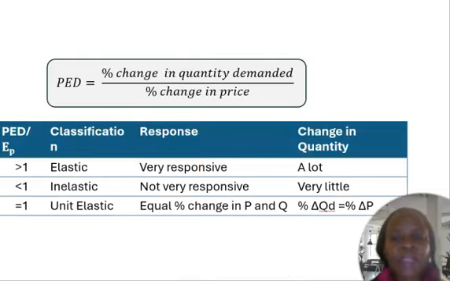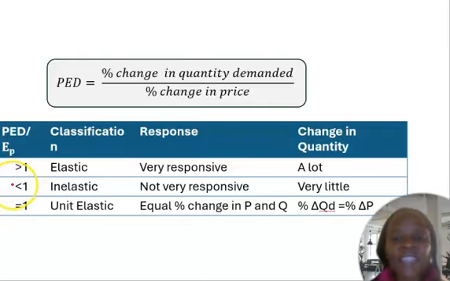So if PED is greater than 1, we say that it is elastic. That is, a change in price leads to a big change in quantity demanded. It's very responsive.